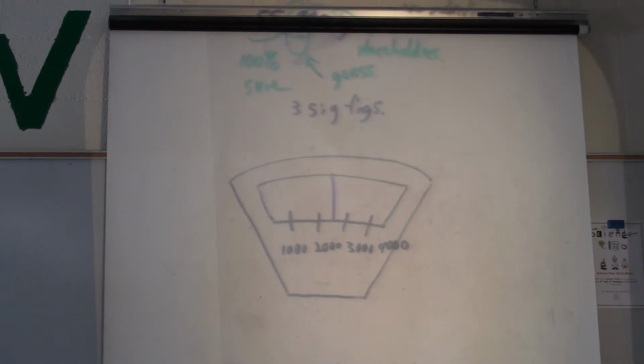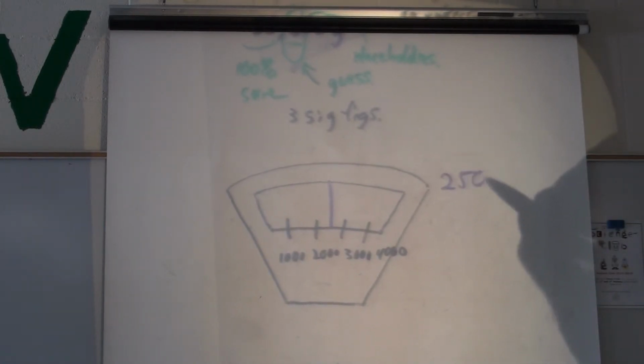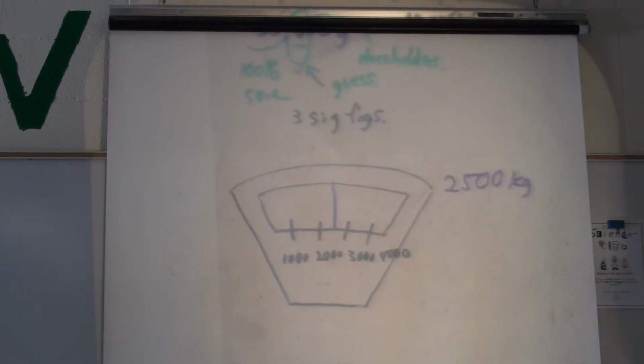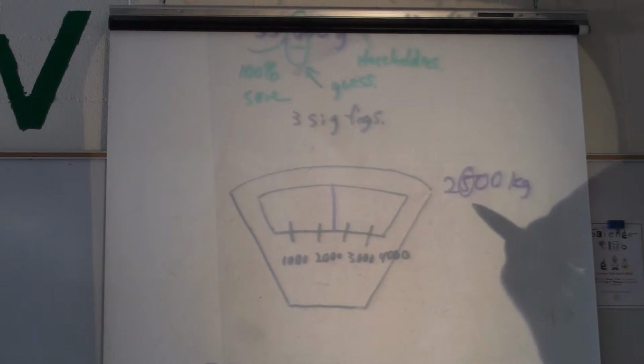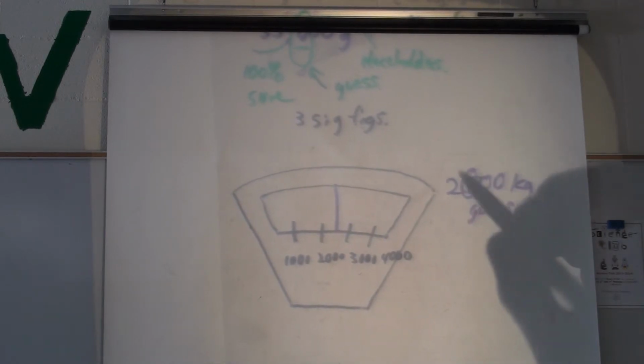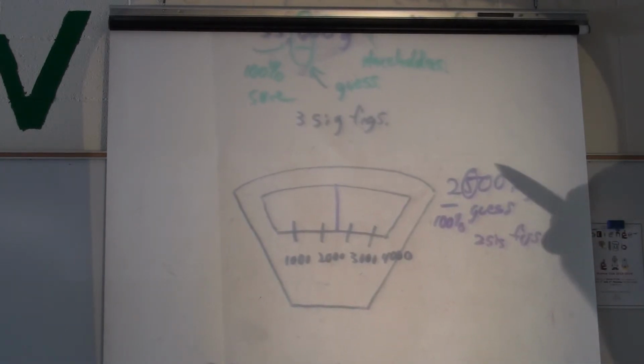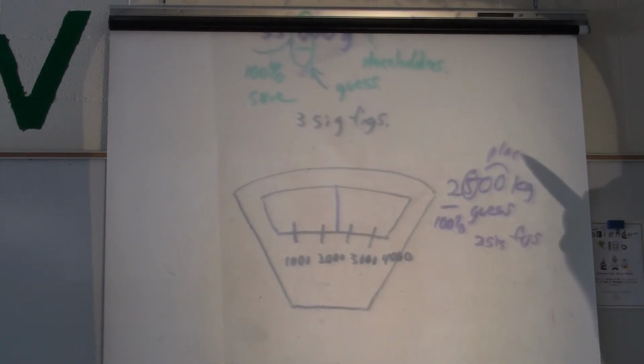Looking at it right now, Miranda said 2,500 kilograms. So what was Miranda's guess there, Kaylee? The 5 was her guess, right? We're certain about the 2, so this would be 2 sig figs, and these 2 zeros would be placeholders.